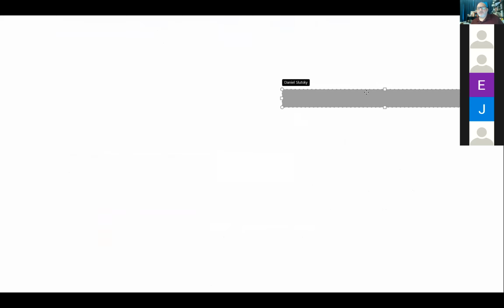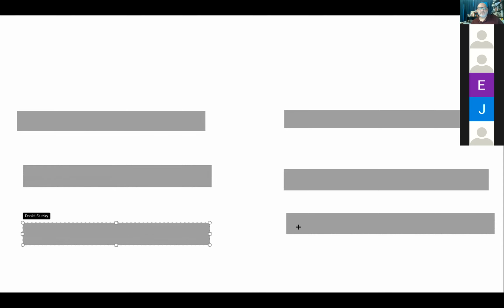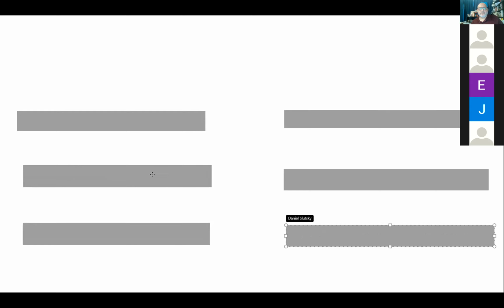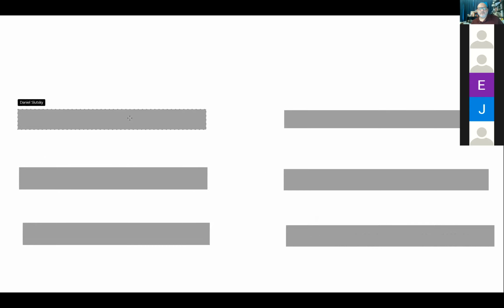So let's draw a couple ribs here. Close enough. Obviously, we also need our sternum here in the middle.